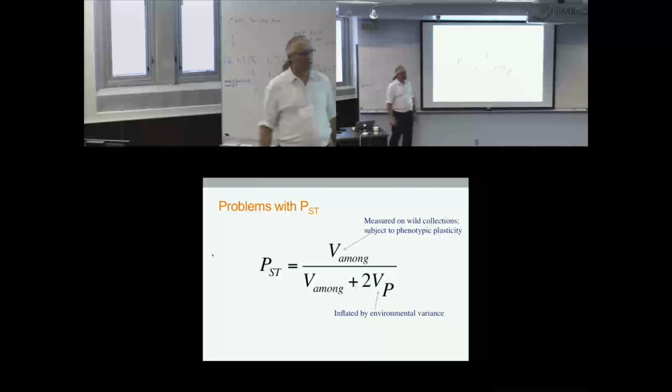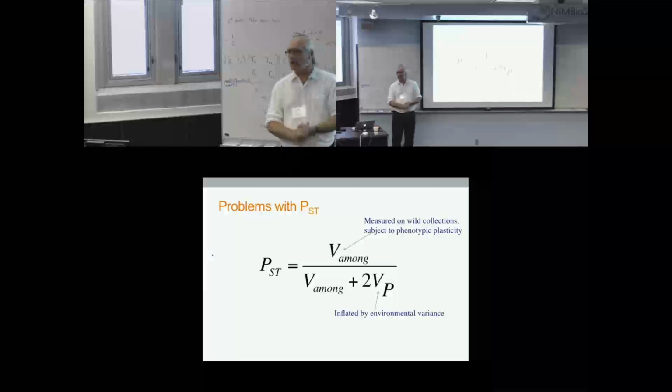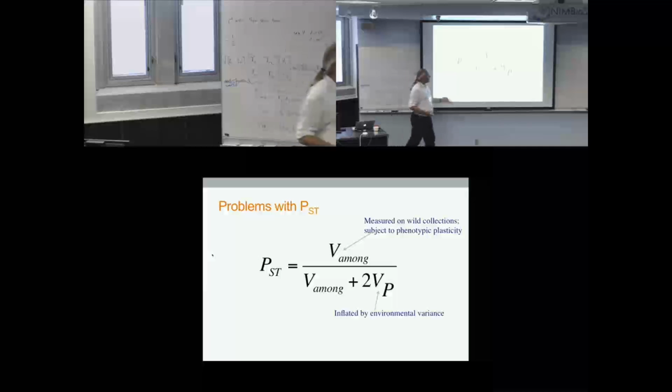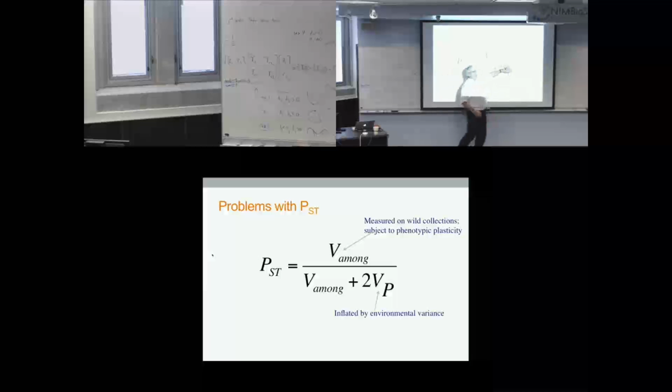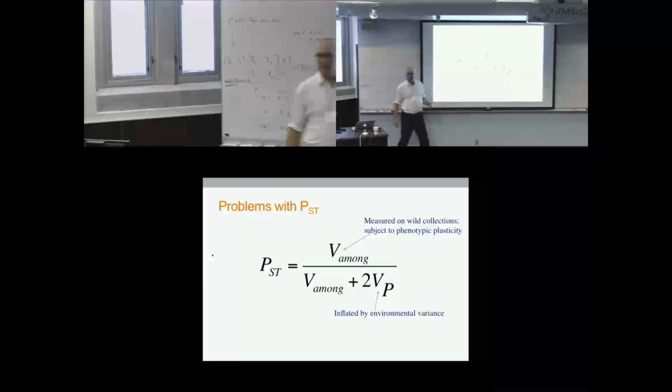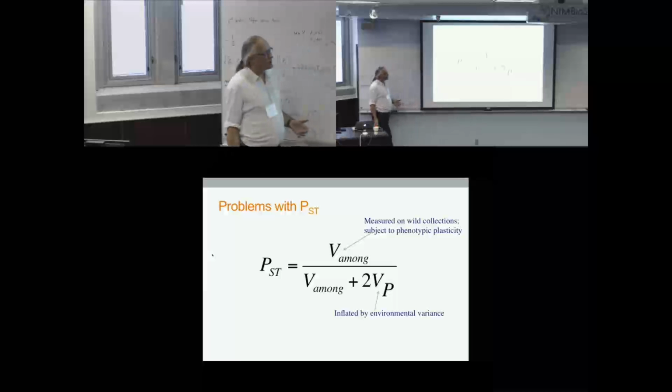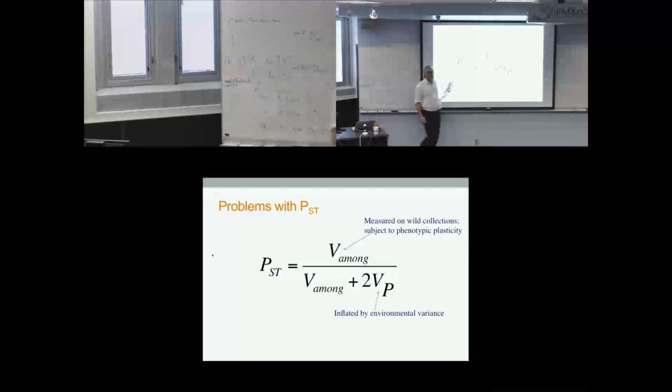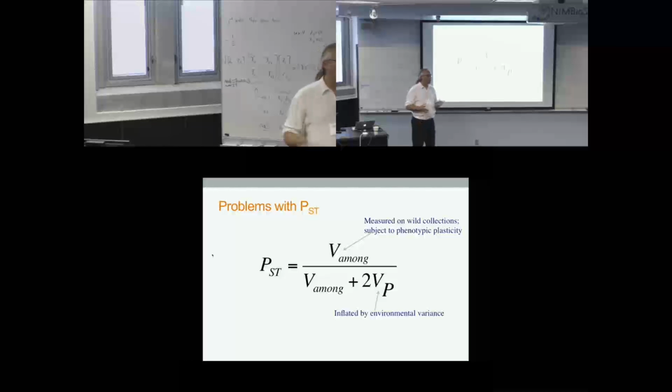Because unless heritability is 1, VP is greater than VA. And so that's inflated by the environmental variance, and that's going to cause it to be an underestimate of what QST truly is. So if you look through the literature, you'll find papers that make both of these approximations, or that do this in a common garden, but they don't have the VA.